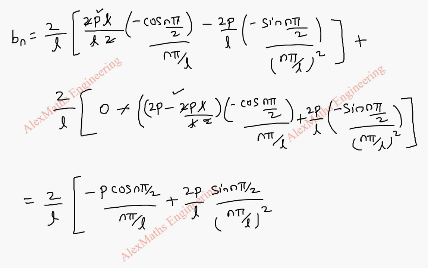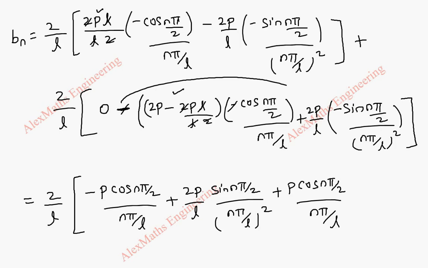There is a minus sign. We can cancel these two. So plus p into cos n pi by 2 by n pi by L. Then here actually this minus sign is common, so we cancel it here, but this minus sign comes inside of this. It will become plus 2p by L into sine n pi by 2 by n pi by L whole square.